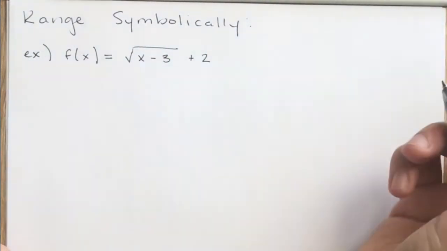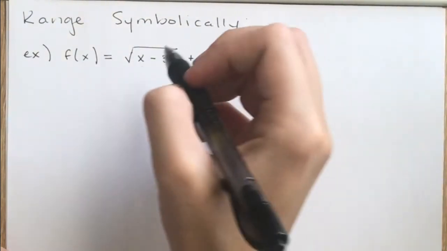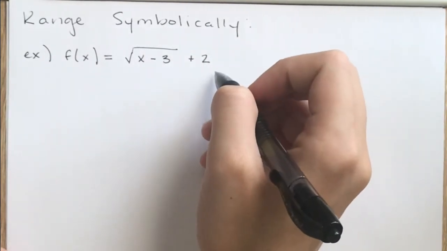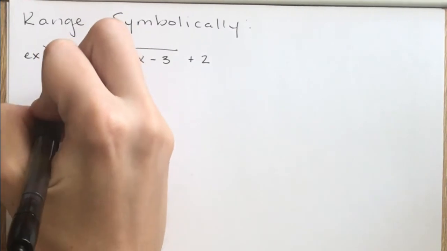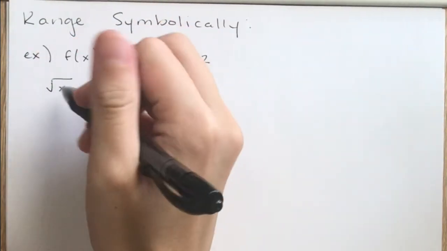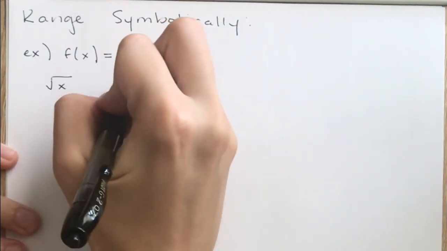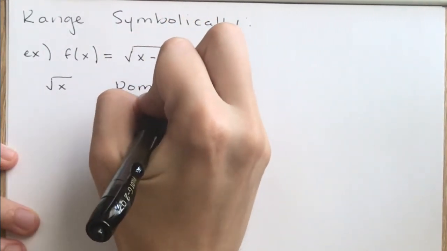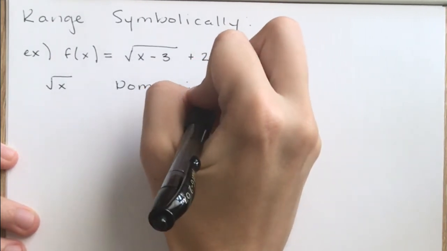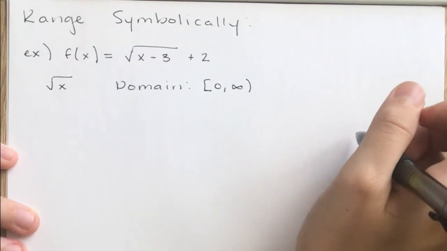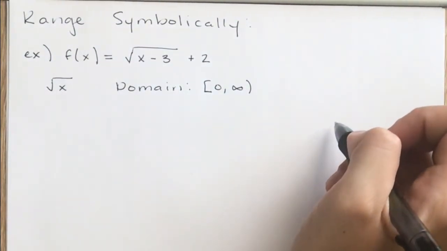So all we need to do is think about what's going on with the graph here. What is our basic function that's related to this guy? X squared, right? What is the domain and the range for x squared? Well, our domain, we just talked about it. Our domain is 0 to infinity, everything greater than or equal to 0.